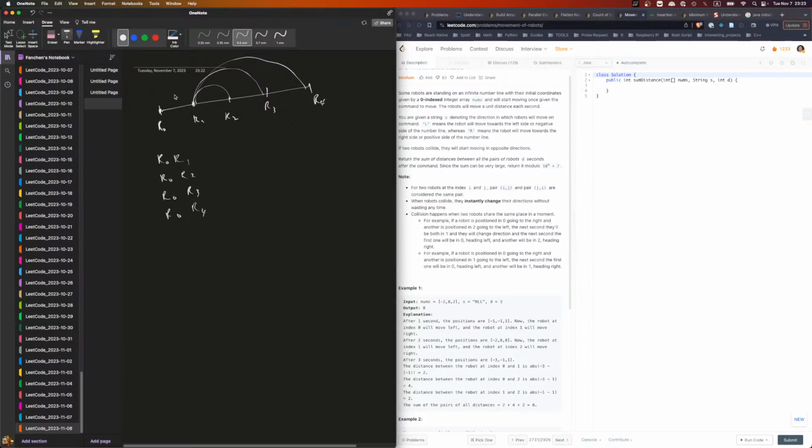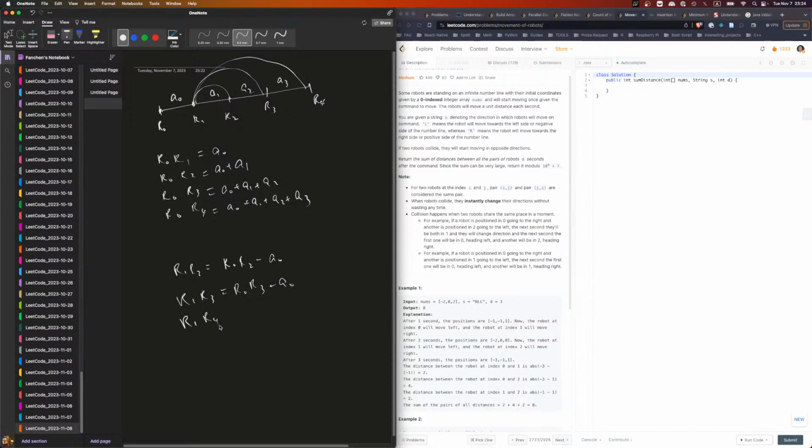Well, technically, let's also call these A0, A1, A2, and A3. So this is A0, this is A0 plus A1, A0, A1, A2, A0, A1, A2, A3. So R1, R2 is A1. Or we can call it R0, R2 minus A0. R1, R3 is R0, R3 minus A0. R1, R4 is R0, R4 minus A0.